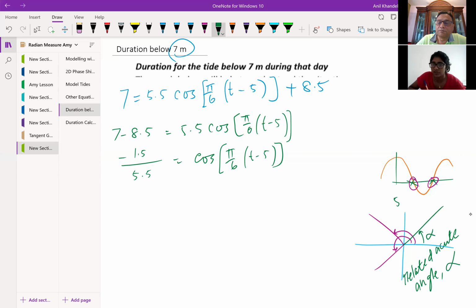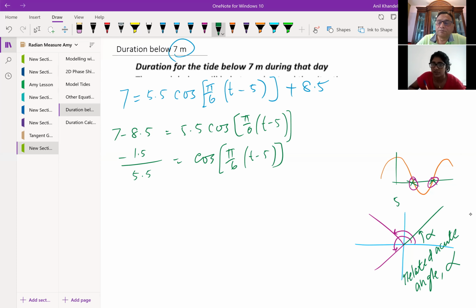This becomes one equation. The other equation is pi minus 1.2945 equals pi by 6 times (t minus 5). Those two equations will give you these two angles, theta 1 and theta 2. Do you see that?